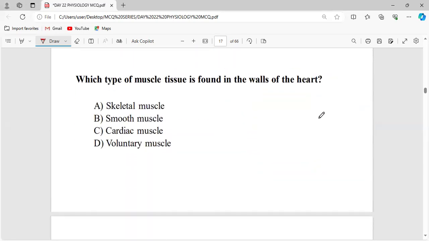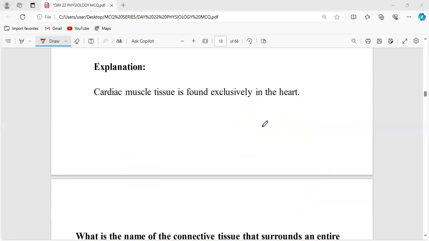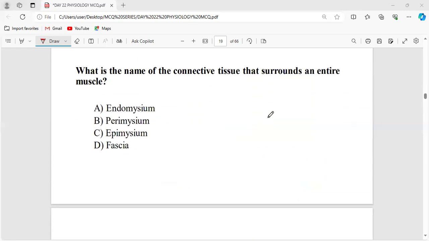Which type of muscle tissue is found in the walls of the heart? No doubt in that, that will be the cardiac muscle, heart.